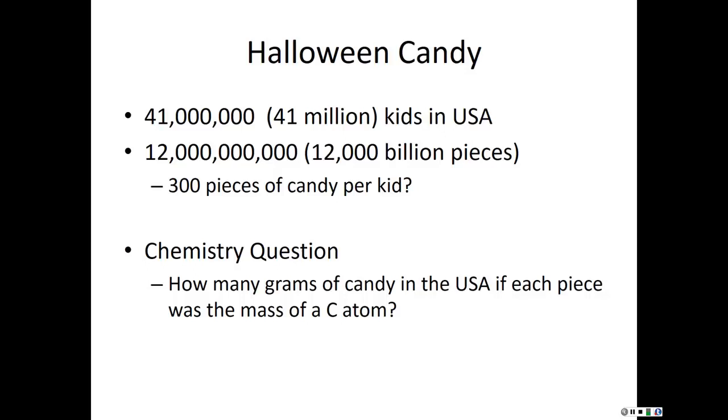Atoms cancel, moles match, and we're good to go there. Doing the math, 1.2 times 10 to the 10th divided by 6.02 times 10 to the 23rd is 2 times 10 to the minus 14 moles.